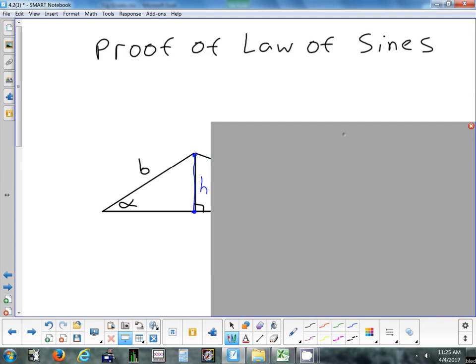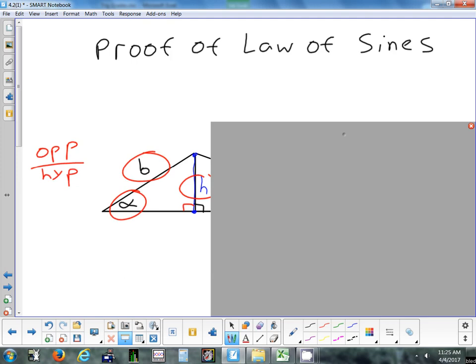I want to think of a trig function that I could use here that would involve this, that, and that. The side that's farthest away from your angle, the one we've called h, is that the opposite, adjacent, or hypotenuse? That's opposite. And what about b? It's across from 90, so that's hypotenuse.